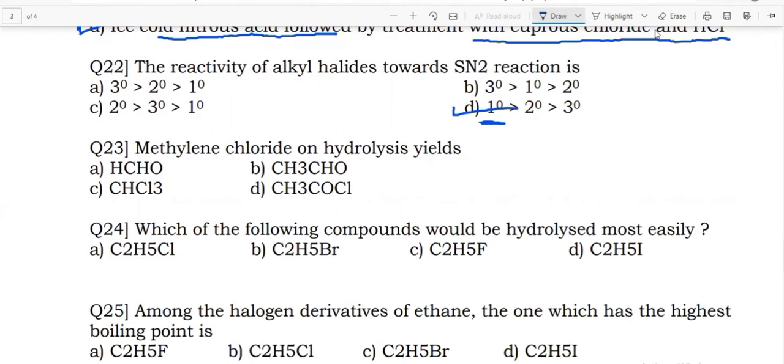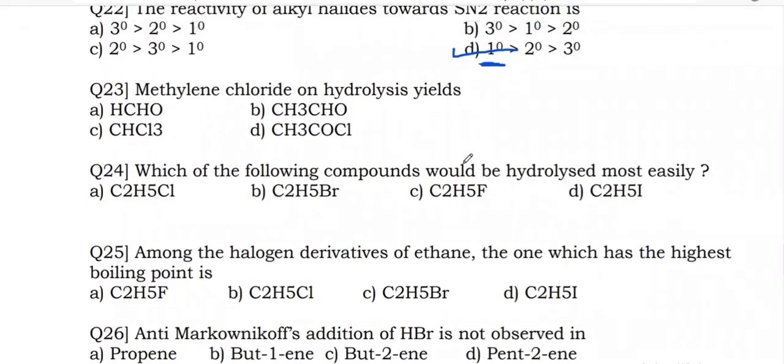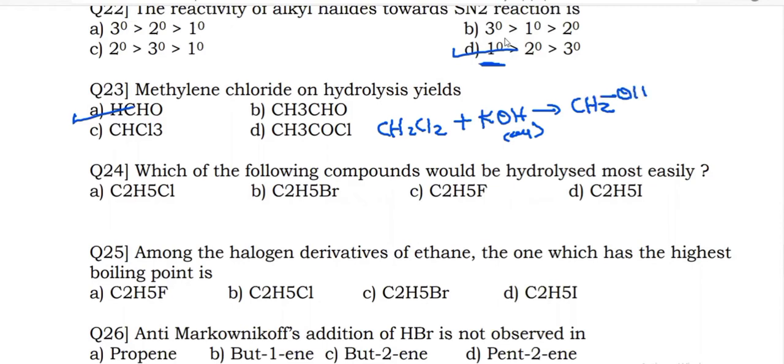Methylene chloride on hydrolysis yields what? If you take methylene chloride and hydrolyze it, it yields formaldehyde. Methylene chloride is CH2Cl2. If you hydrolyze it using KOH, you get the compound CH2 where the 2 chlorines get replaced by OH.